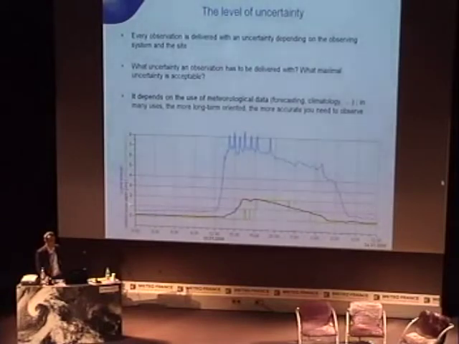So this is really an important question. There is not a good level of accuracy or a good level of uncertainty. The right level of uncertainty depends on the use that you will have of the data.